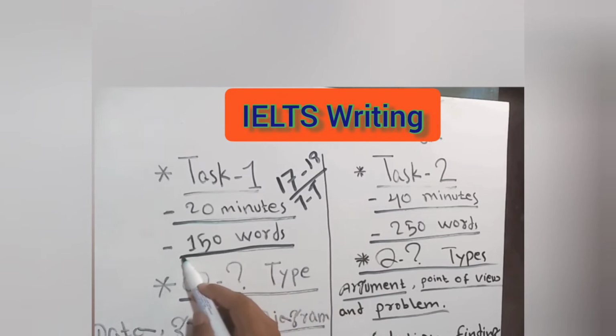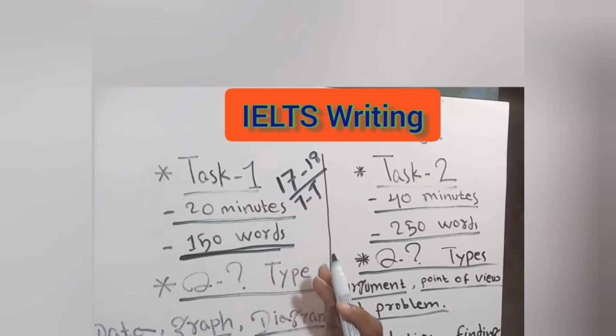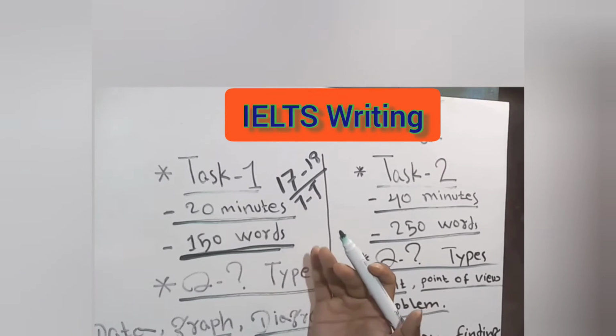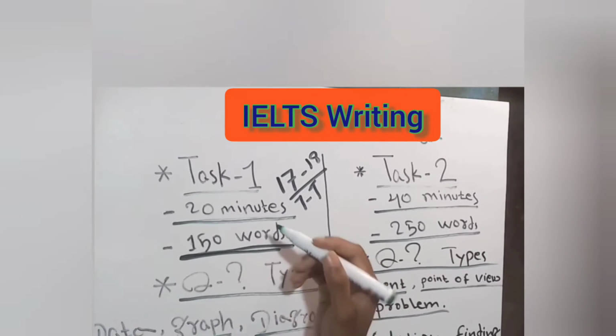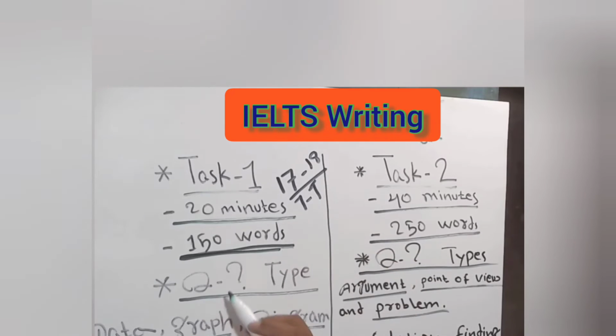In 150 words, they will only count your original words. If you copied words repeatedly from your question paper, then the examiner is not going to consider them in your word count, right? So, the examiner will count your own words, not copied words.